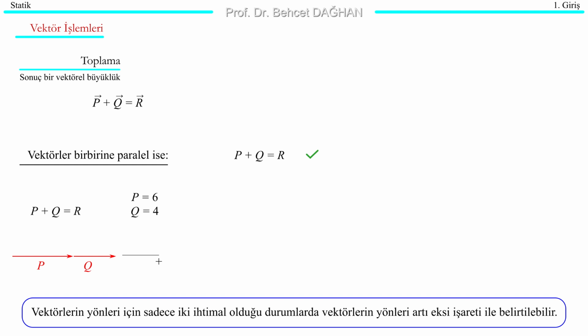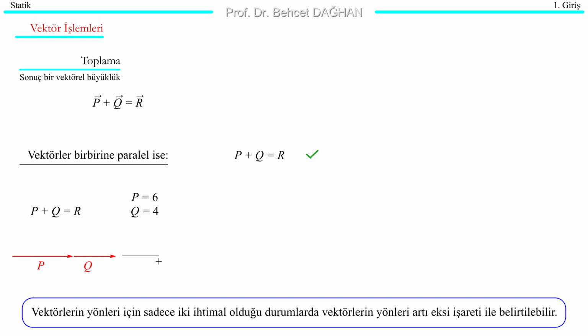Let's substitute them in the scalar relation P plus Q equals R. If we add 6 to 4, the result is 10, positive. It makes plus 10. Plus 10 means we've got a vector of 10 units to the right. We already know from the triangle rule that the vector drawn from the beginning of the first to the end of the second is the sum vector.